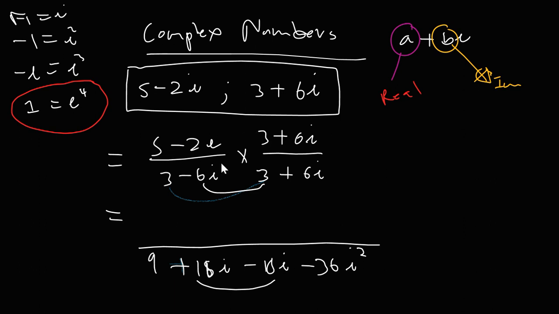This by this is going to give you 15, and this by that one, this was 6, 5 by 6 is 30, so 30i. Then we move to this one. This by this is going to give you minus 6i, and that by that one is going to give you minus 12i squared.